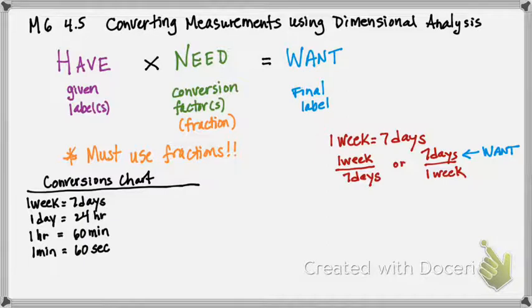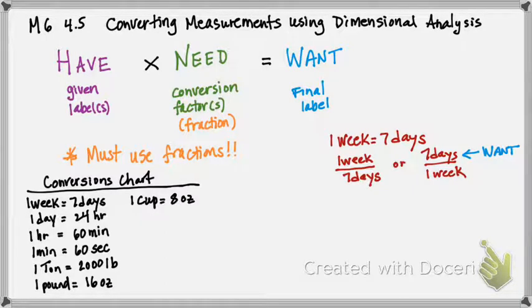Let's see, 1 ton, capital T, is equal to 2,000 pounds. 1 pound, we usually use lb to represent pounds, is equal to 16 ounces. Okay, and then usually we talk about cups, 1 cup is going to be 8 ounces.